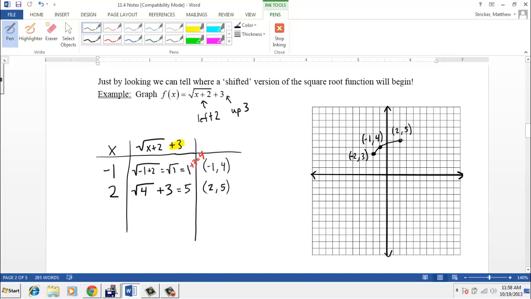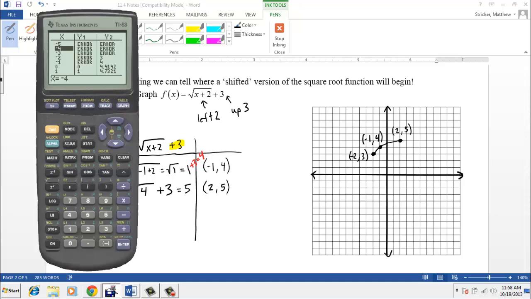Now let's get one more point to put on here. If we go back to our graphing calculator, we saw the points -2, 3, and -1, 4. These are decimal versions. Let's keep going down. Should see 2, 5. We already got that point. When x is 2, y is 5. Our next one is 7.